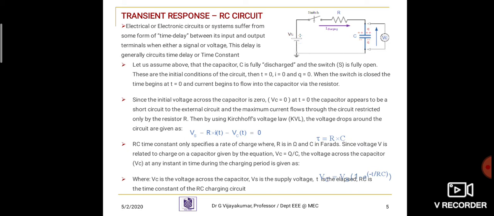This transient response, that is the time constant, is measured as the multiplication of resistance and capacitance. T is equal to R cross C, in seconds, as given in the slide, where R is the value of the resistor in ohms and C is the value of the capacitor in farads.